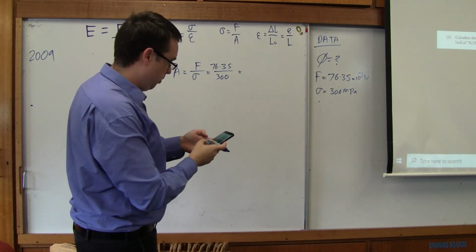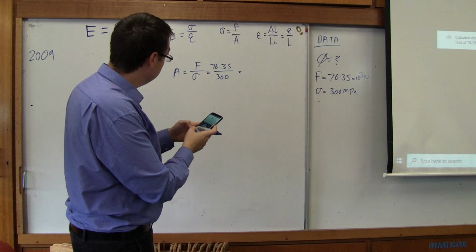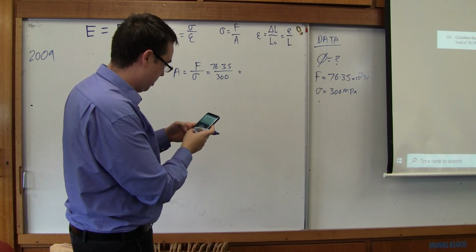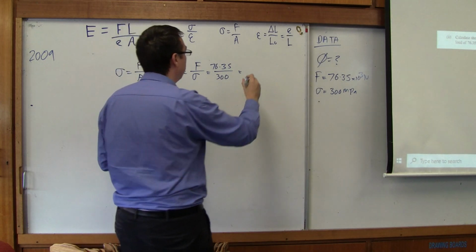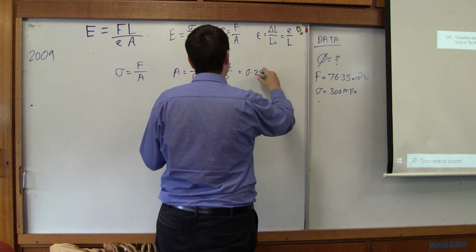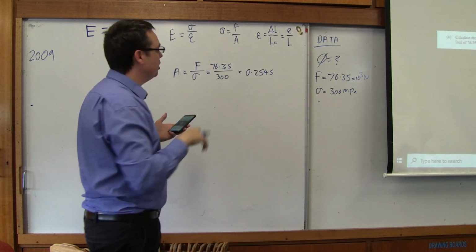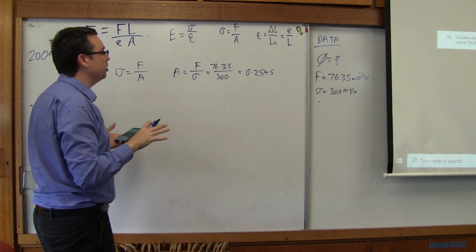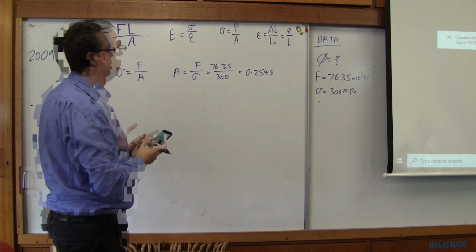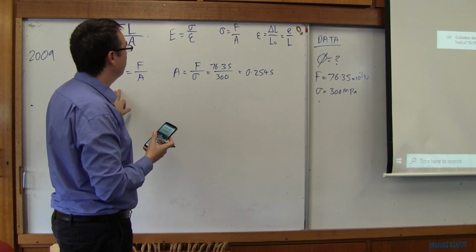How many marks is this? 2? Okay. 76.35 divided by 300 gives us an area of 0.2545. Now, just in case, I'd check that stress equals force over area.